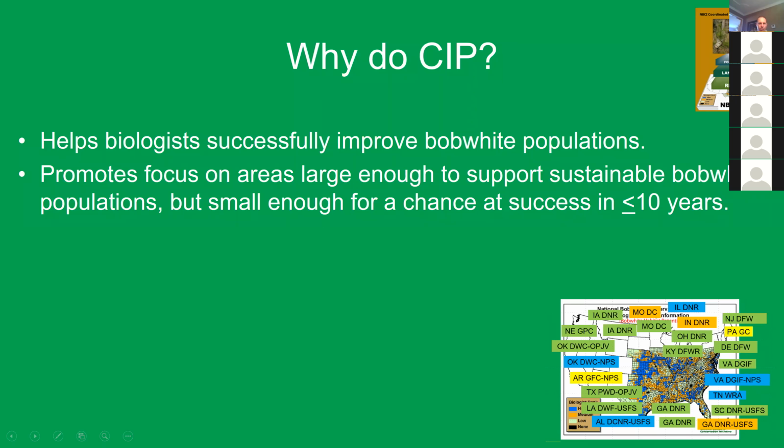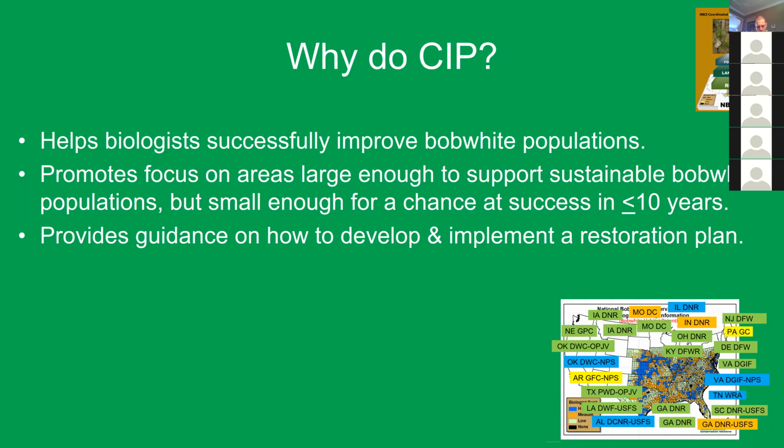Promote the focus on areas large enough to support sustainable bobwhite populations, but small enough for a chance at success in less than 10 years. And that's a chance of measured success. A 50,000 acre CIP area would be fantastic, but the chances of doing effective monitoring at that scale are pretty slim. So we've tended to have smaller CIPs just because they're doable.